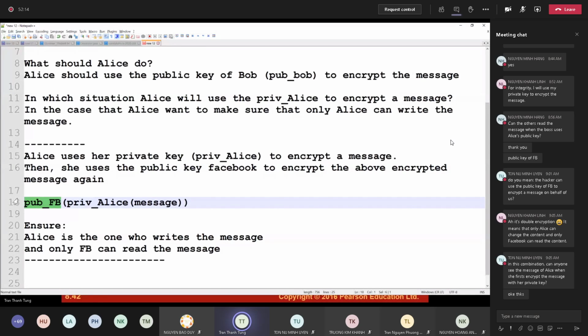But actually, what we can ensure is only that the one who owns the private key corresponding to the key we use here can read the message. If we got the wrong public key, which means the public key of the hacker, then we send our data and only the hacker can read it. That is a big problem. Okay? Did you get the situation?